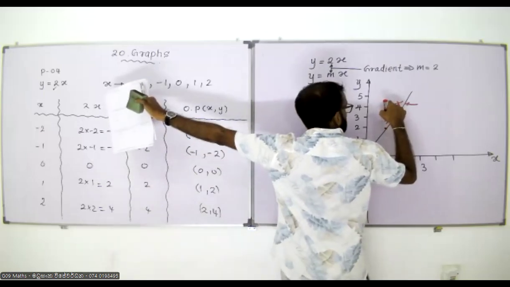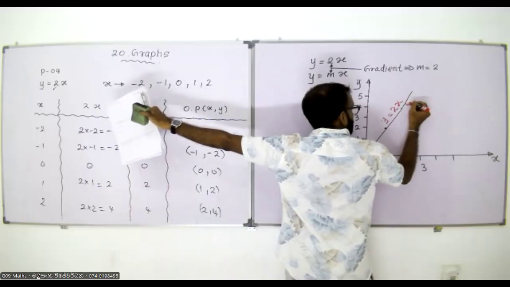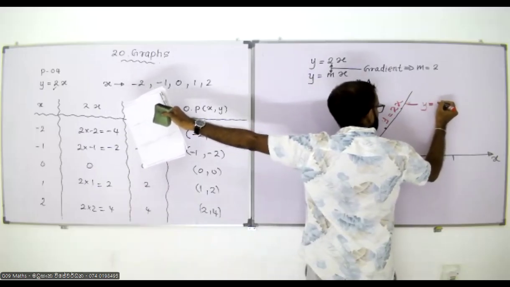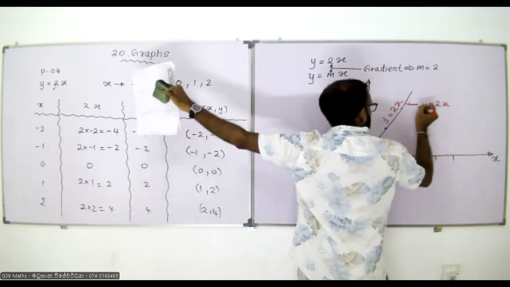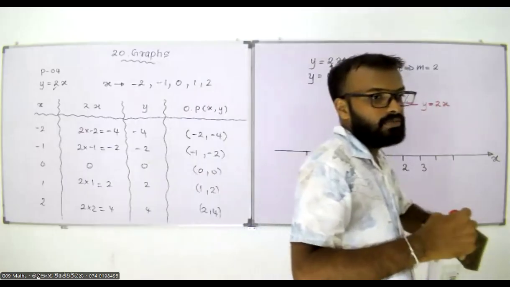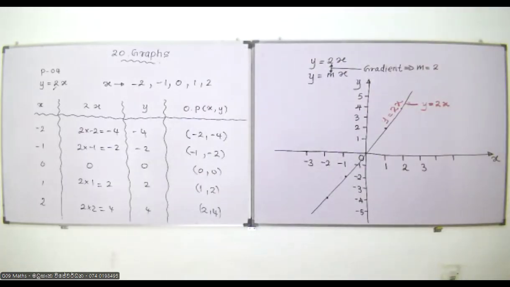This is the name of the function now. Or else you can use an arrowhead and name it as y equals x. One of these ways is correct. I have shown both. You can use one of them. It's up to you to decide.